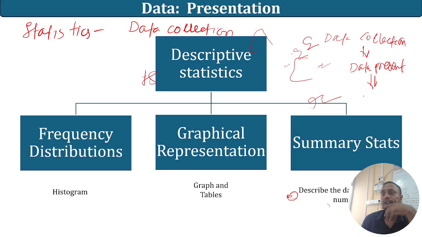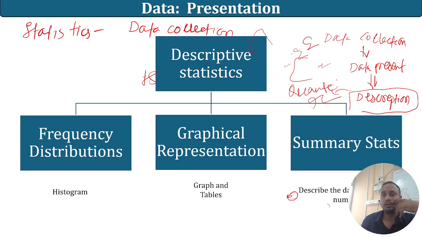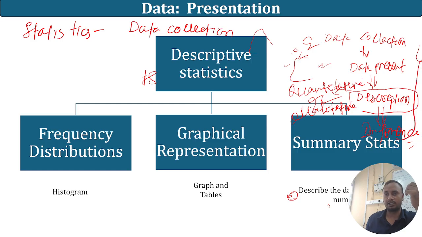After that, we have to give a description of the data, such as whether it is quantitative data or qualitative data. Based upon the description, we are going to say something about the inference. So this is the full flow of statistics.